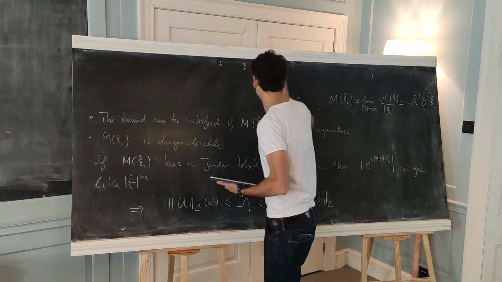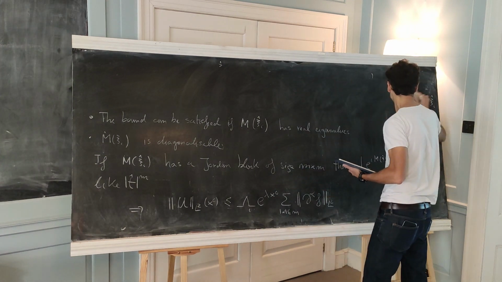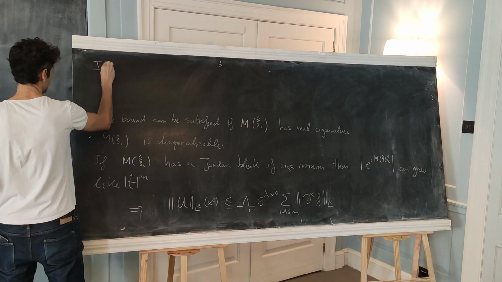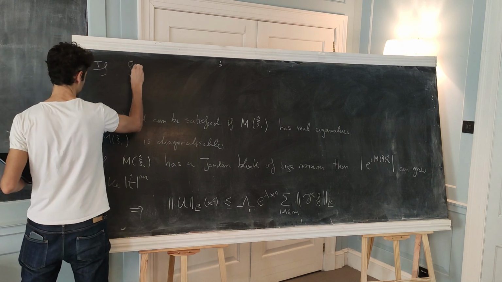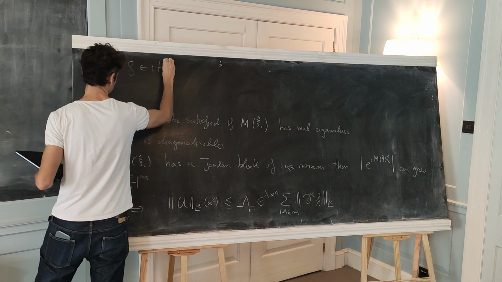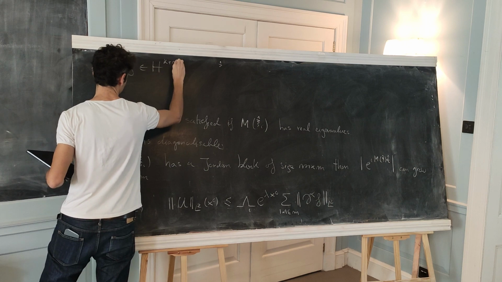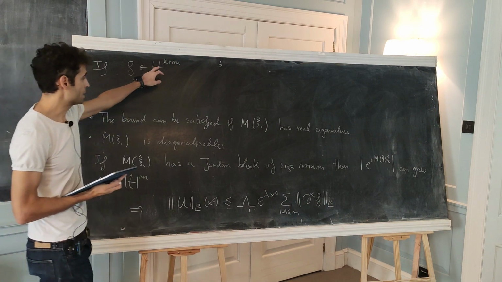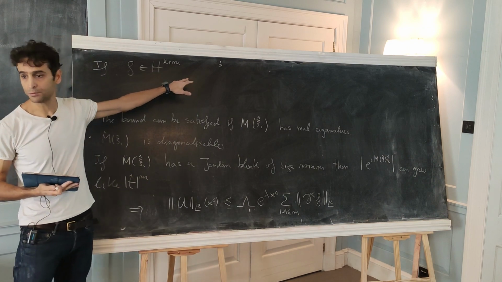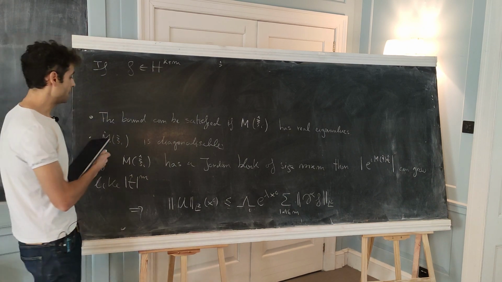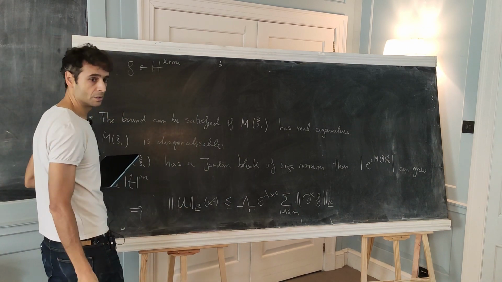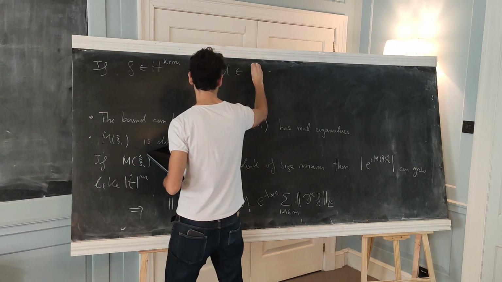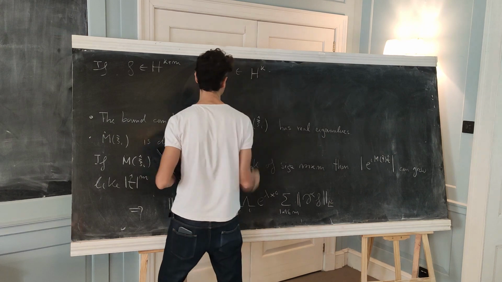If your initial data is in a Sobolev space of k plus m, which means that basically k plus m derivatives exist and are bounded, then what this inequality tells you is that the solution is only in H^k.